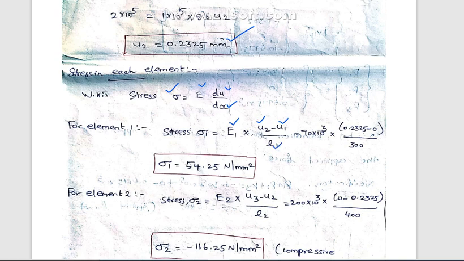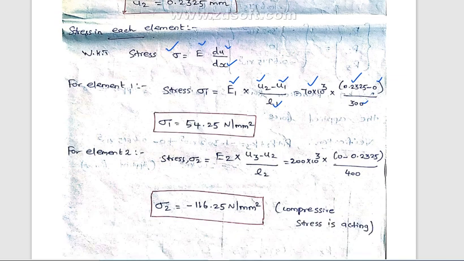Therefore 70 into 10 power 3, because the element 1 Young's modulus is 70 into 10 power 3, into 0.2325, the displacement found from the sum, U2 minus 0, divided by the original length of element 1, which is 300. Finally, you get the value: element 1 stress is 54.25 Newton per meter square.